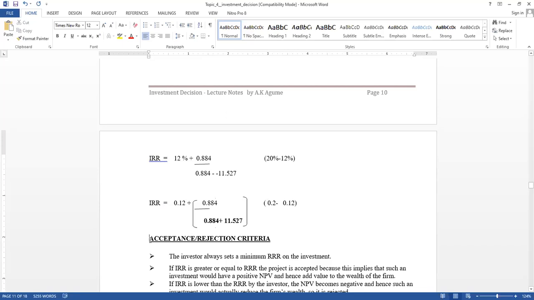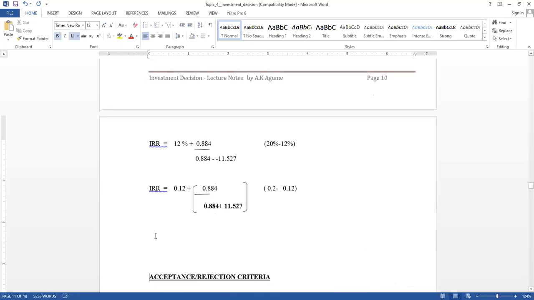So what do you get then? My IRR is equal to 12.5698.